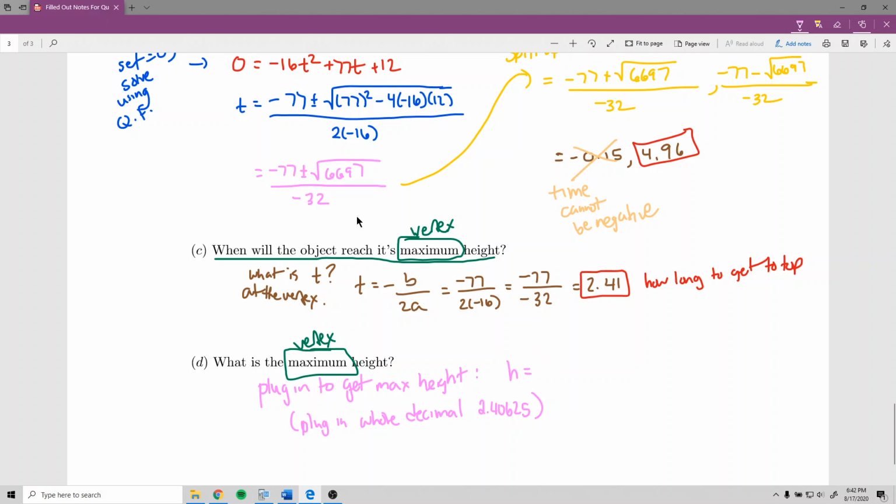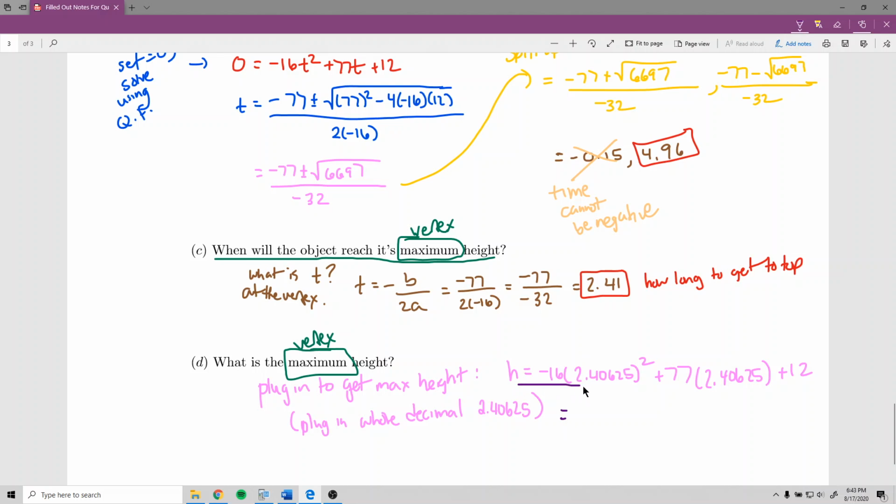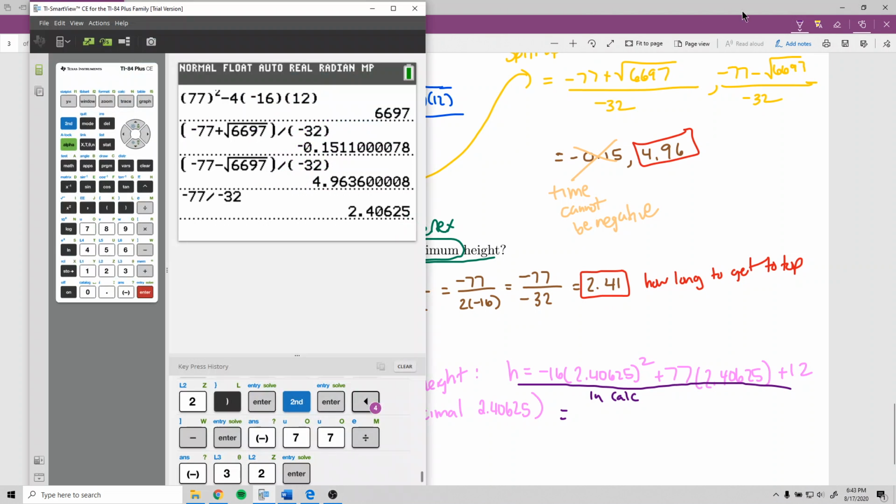All right, so we do that. Our formula is here, so I'm going to reference this. Plugging in this for t, we get negative 16 times 2.40625 squared plus 77. Then plug that in for t again, 2.40625, plus 12. And really, just type this whole thing in your calculator. Do as much at a time as you're comfortable with.